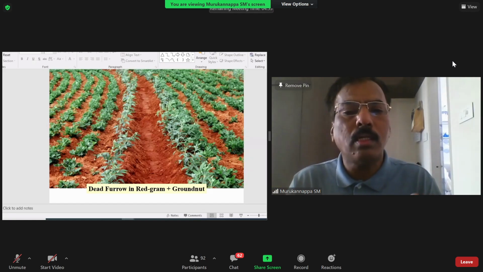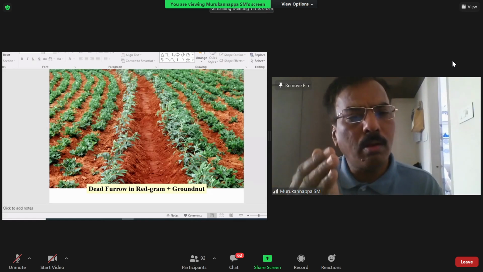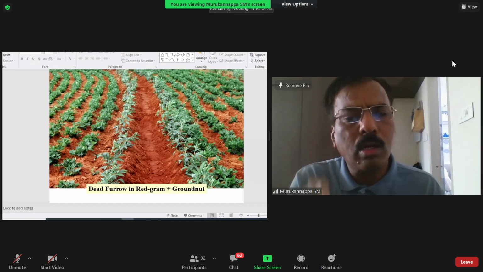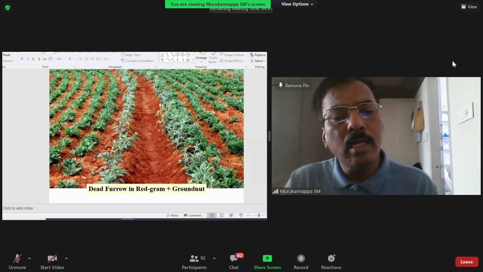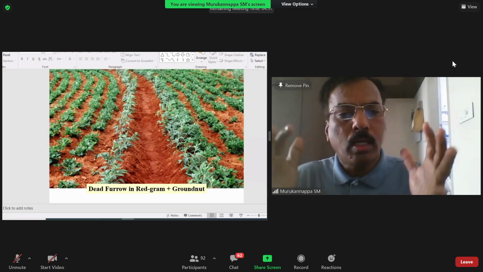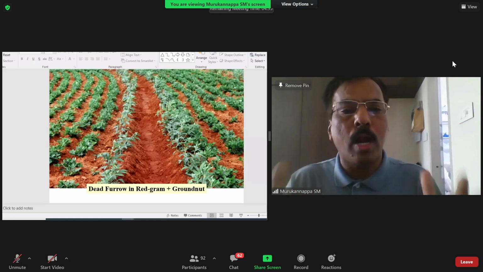So this is nothing but the dead furrow. Along with the conservation of every contour line in contour cultivation, there is an additional opening of a bigger furrow to conserve more and more water.